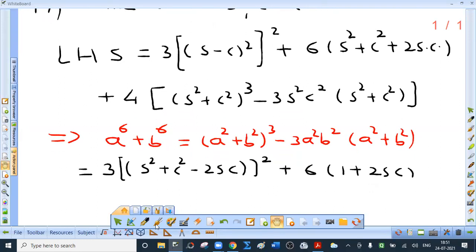Okay. Plus 4 into what? This is interesting. Sine square plus cos square 1. So 1 cube minus 3 sine square cos square into 1.